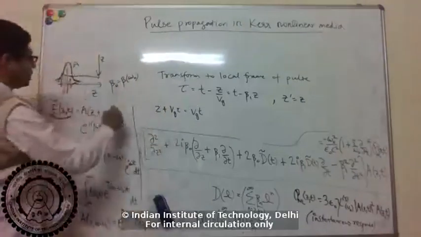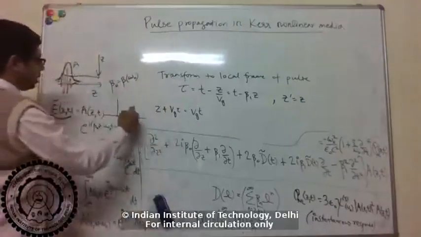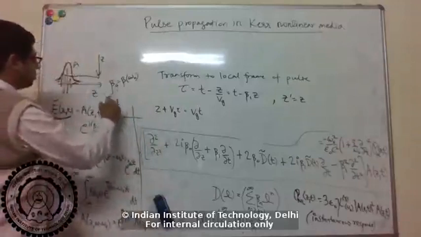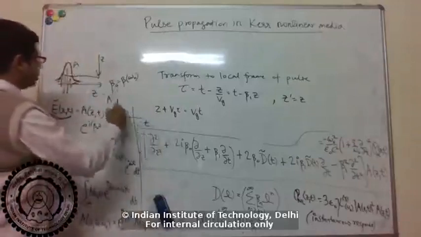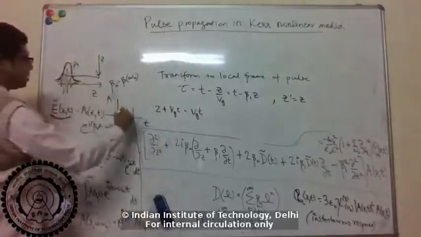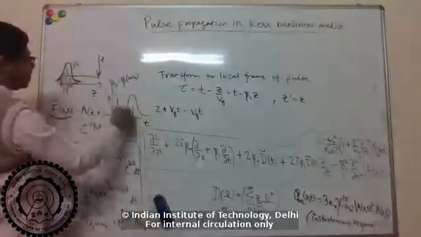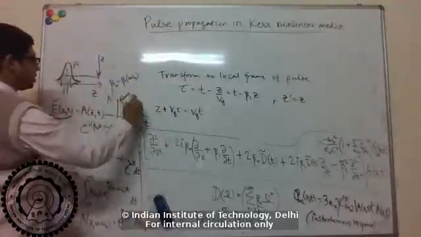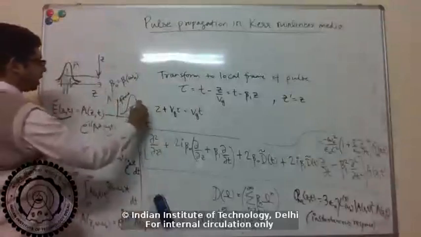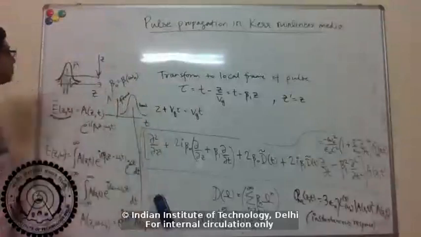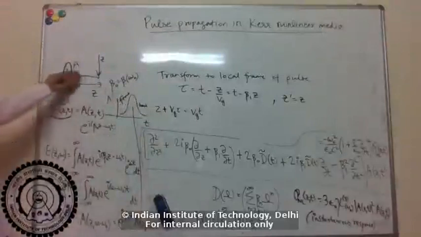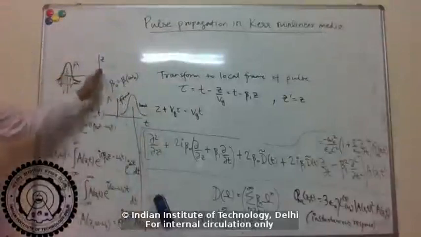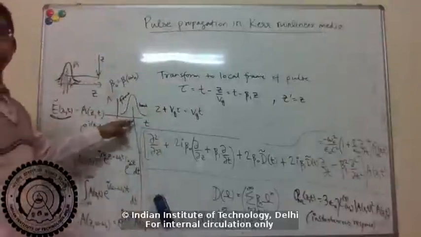So at my location, when I measure A as a function of time, first my pulse comes, then the front, then the peak, then the back, right? At a particular Z.